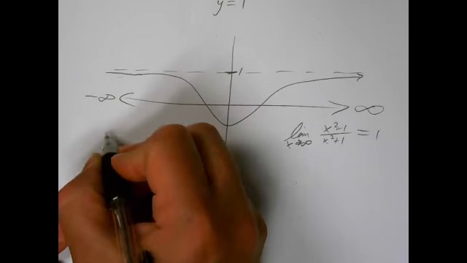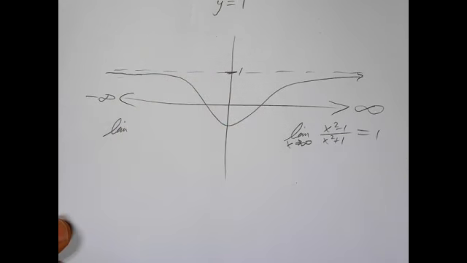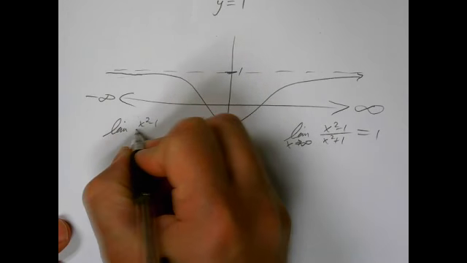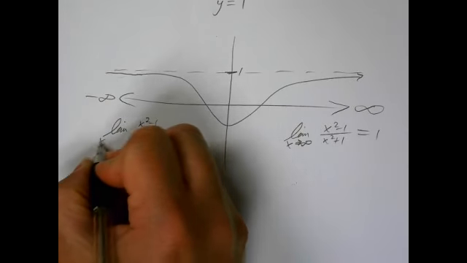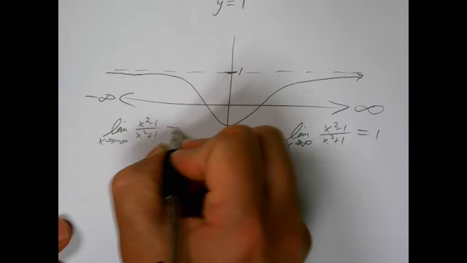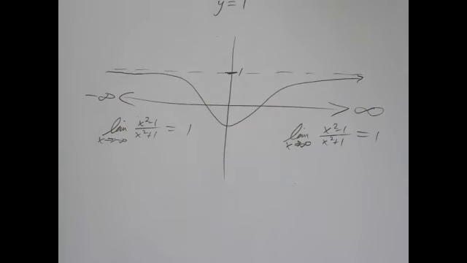Over here, we see that the limit of x squared minus 1 over x squared plus 1 as x approaches negative infinity equals 1 as well. Again, all the time that you spent discussing horizontal asymptotes, you were really doing nothing but limits in disguise, sort of a watered down form of limit.